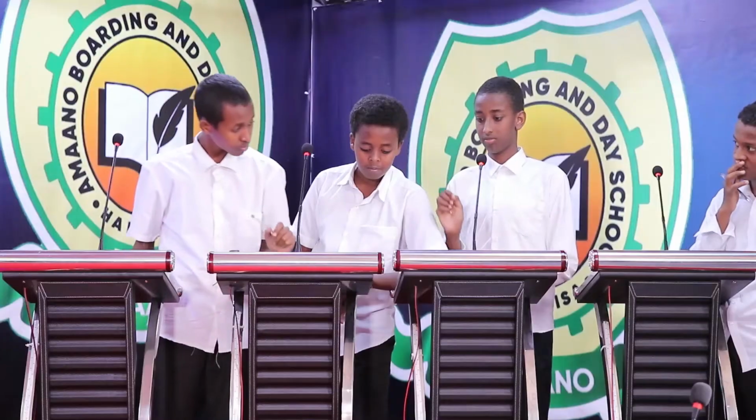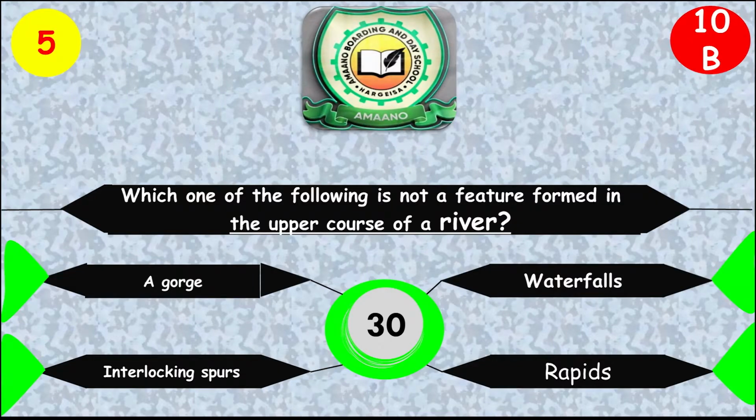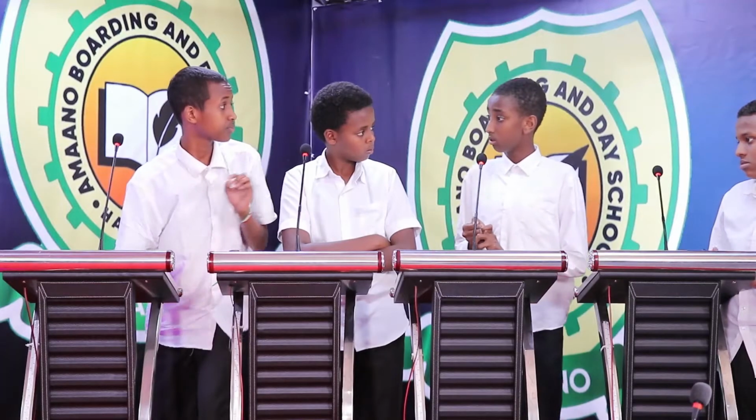Okay, the boys, from the questions bowl choose from 1 to 8. Number 5. This is a geography question. Which of the following is not a feature found in the upper course of a river? A gorge, waterfall, interlocking spurs, and last, rapids.